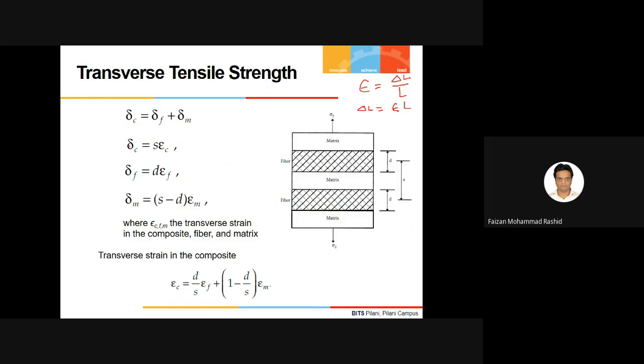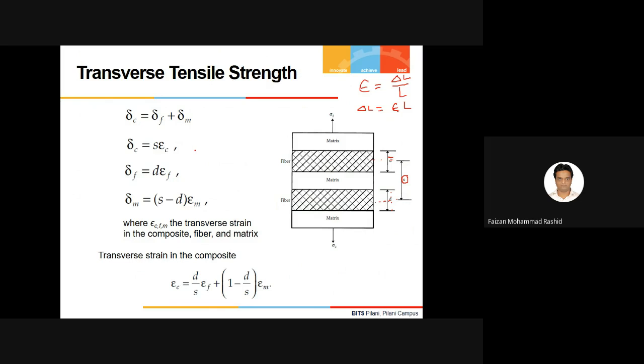Okay. So the total deformation of my composite material is this one. Okay, and this is the average. I am telling average thickness of my composite material. I am putting it like S, and this is the thickness of my fiber.